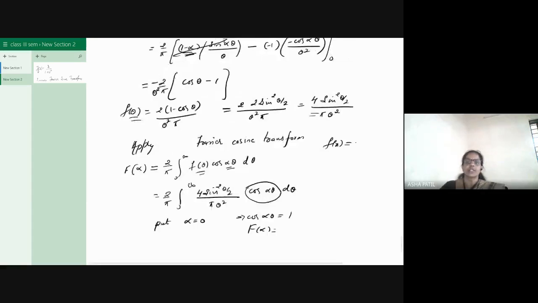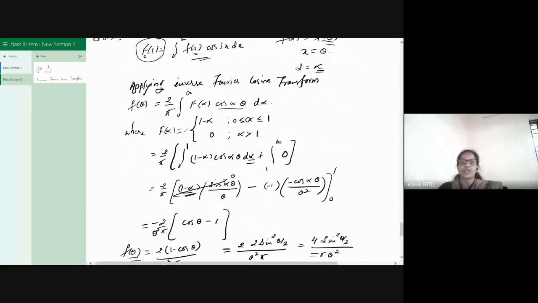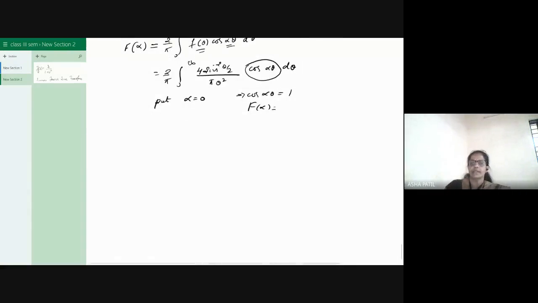Here it is. F of 0 means in the interval 0 less than or equal to alpha less than or equal to 1, we take the function 1 minus alpha. That means it becomes 1, right? F of alpha is equal to 1 for alpha equal to 0.